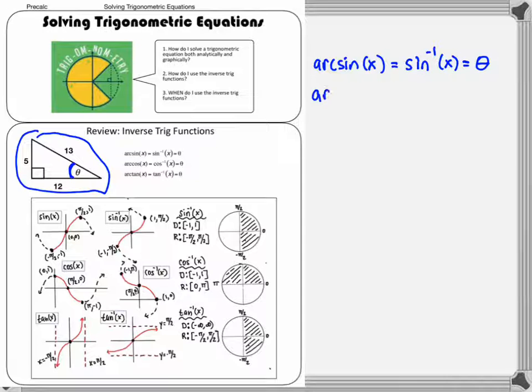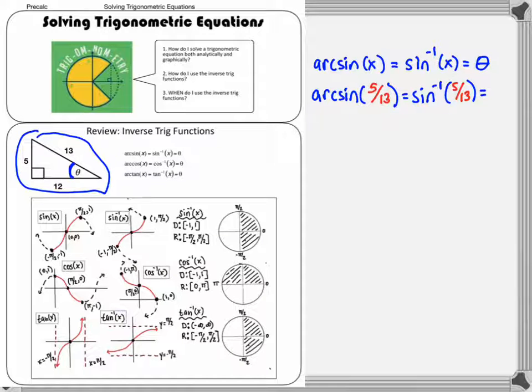The arc sine of, and if we look, this is going to be 5 opposite over hypotenuse for sine, and so the arc sine of 5 over 13, or the inverse sine of 5 over 13 is going to give me, and we're going to need a calculator for this particular example. So let me cue that up.